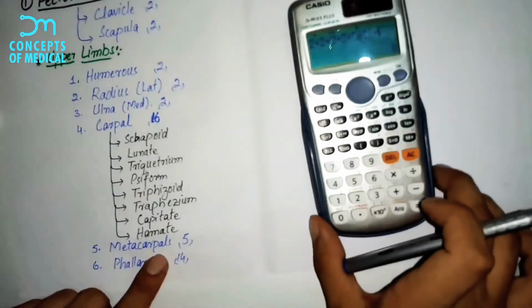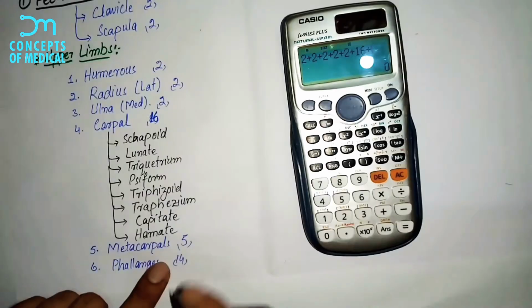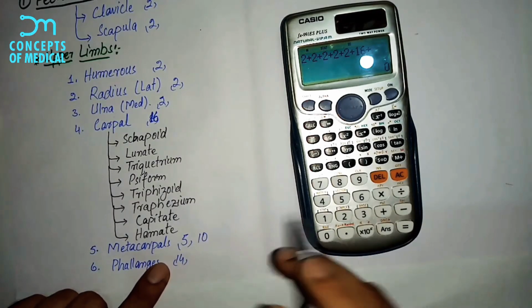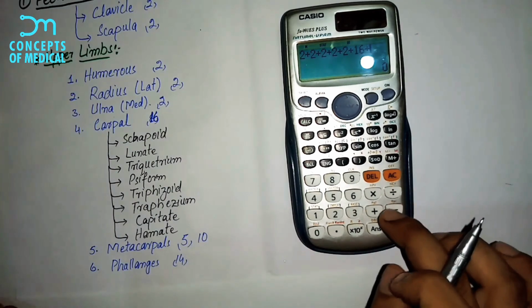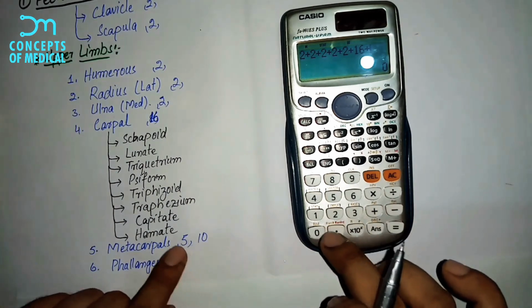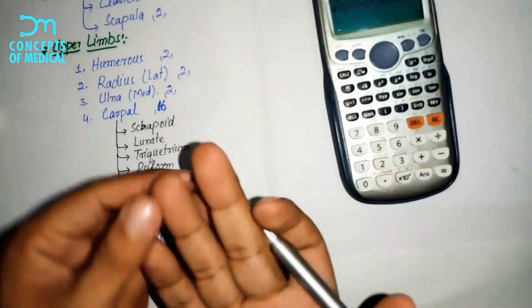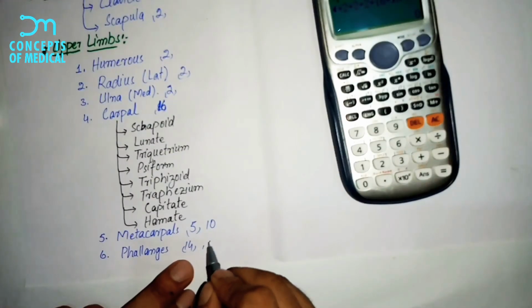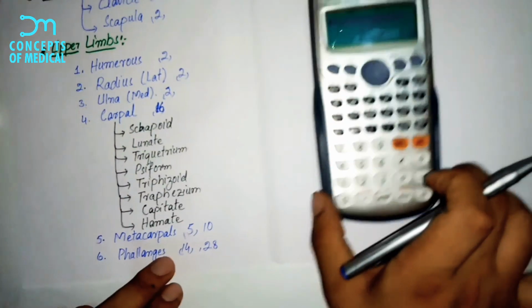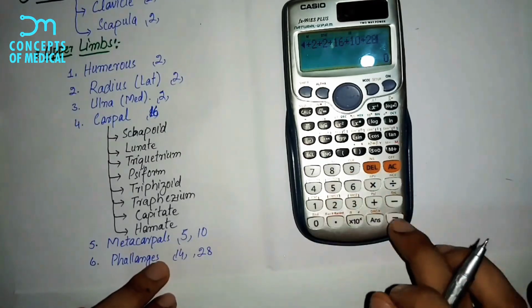For 5 metacarpals per hand, for both hands we have 10 metacarpals. So 16 plus 10, and 14 phalanges are for one hand, so for both hands we have 28. So 10 plus 28.